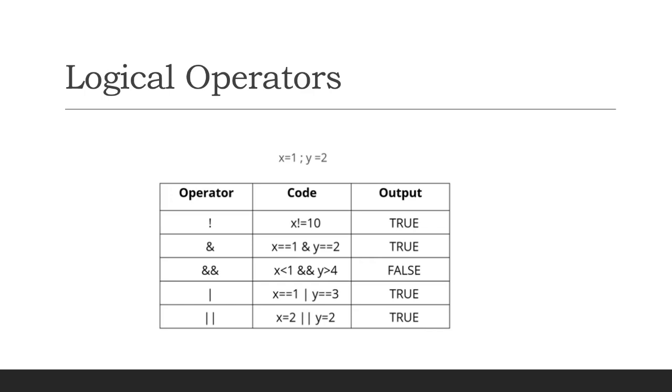So once the first statement is true, we directly go for the answer as true. But in and we need to calculate both expressions, because in and both expressions have to be true to get the true output. So that is the thing with the logical operator.